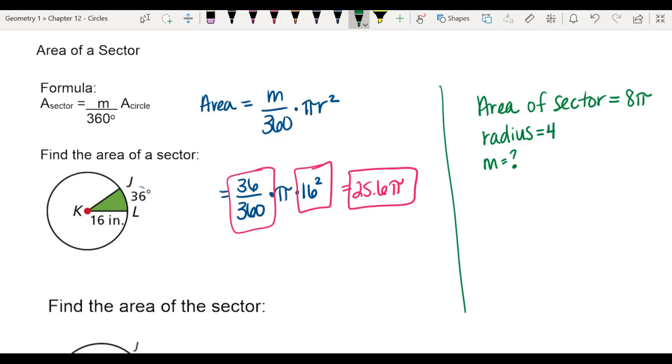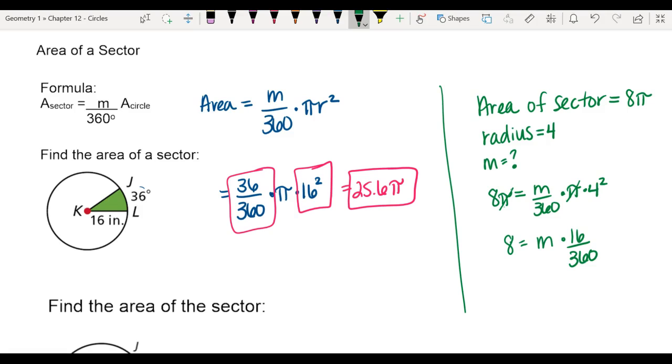So again, we need to plug in what we know. We know we have m over 360 times pi, and then radius squared is 4 squared. Where does your 8 pi go? On the left, right? So what happens to your pi's? Cancel. So you're left with 8 equals m times 16 over 360. So again, I changed it so my number pieces were together.